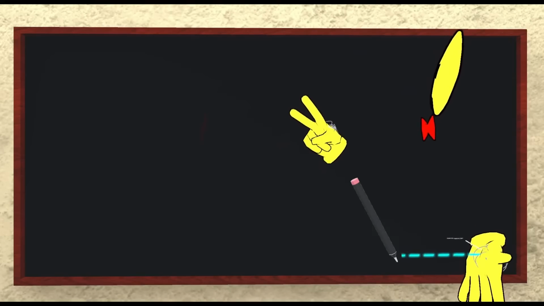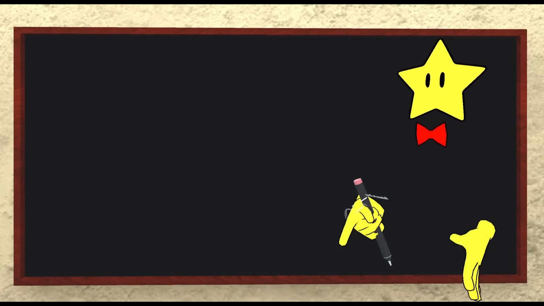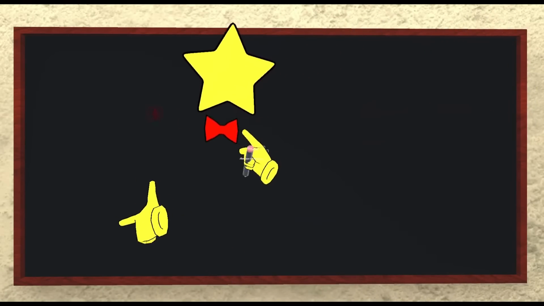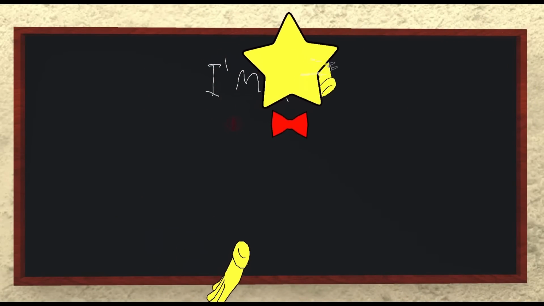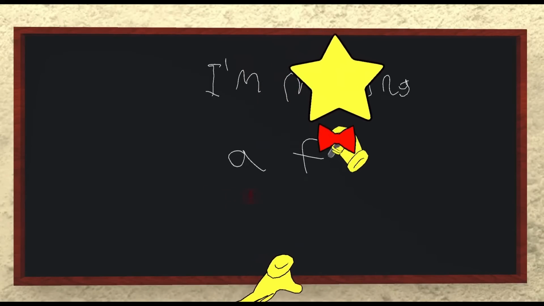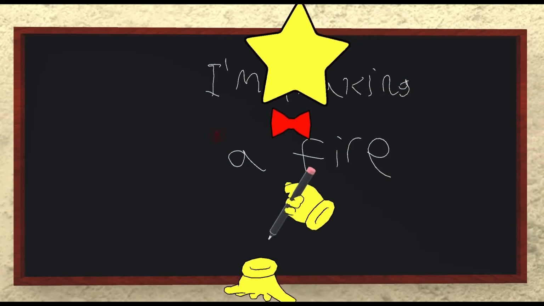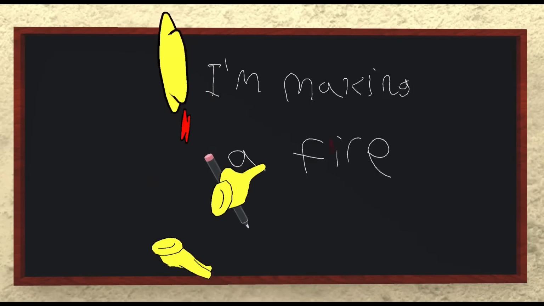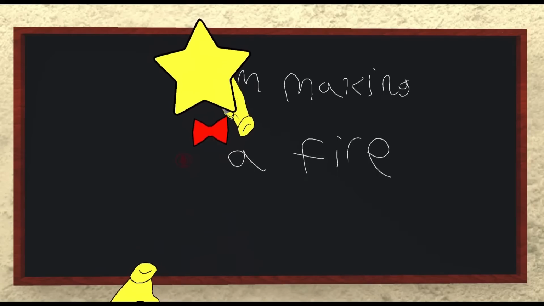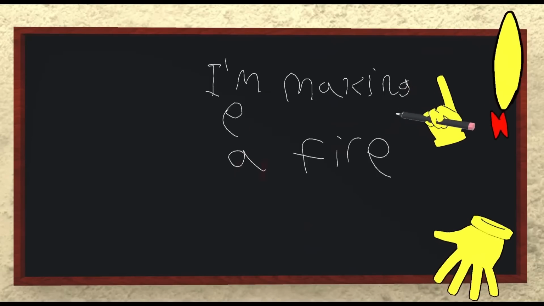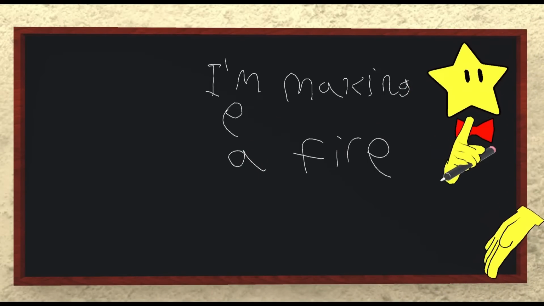Let's do a couple of English to Toki Pona examples. Let's do, I'm making a fire. Well, first thing to note, our subject is first person. So that is me. Making, well, that's a kind of creation, isn't it?